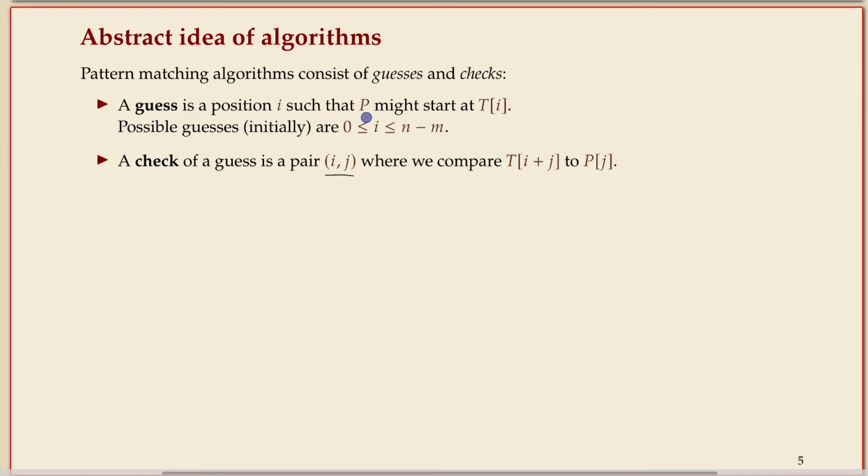So you can guess, maybe the pattern starts in the text at position i. That would be a guess. And there's only so many possible guesses because the pattern can only start at every position. And of course, you can take a guess and then do a few checks, and they might either confirm that there is a match, or they might show a mismatch between some characters, and then you know this is not a correct guess.